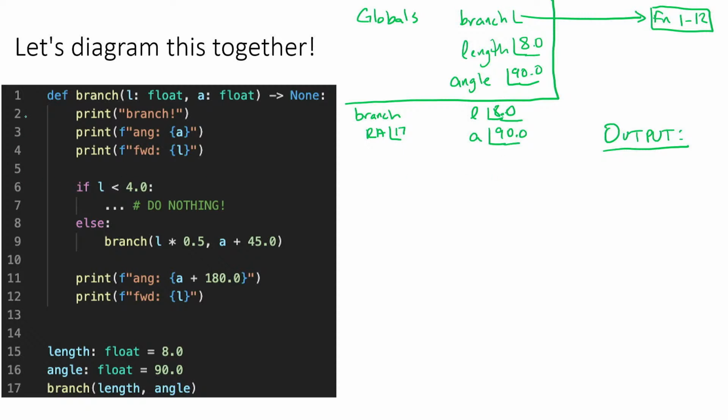So we jump in, and we print branch. So branch is our first line of output. And then we print ang, short for angle, and substitute in A, which is 90. And then we print forward, which is length 8.0.